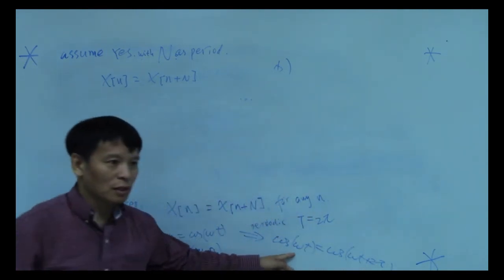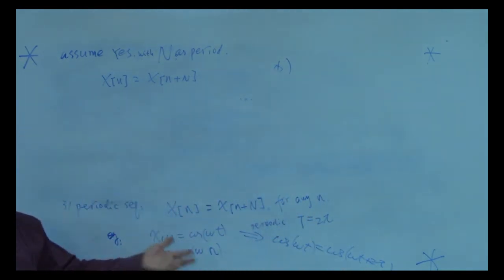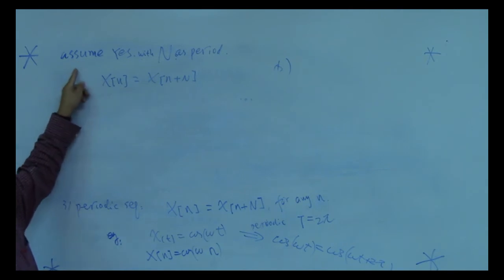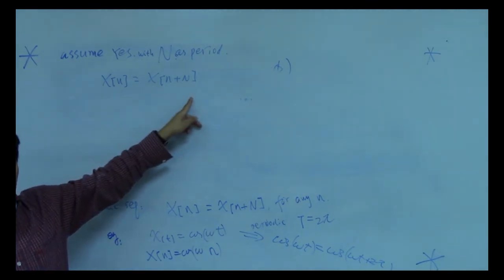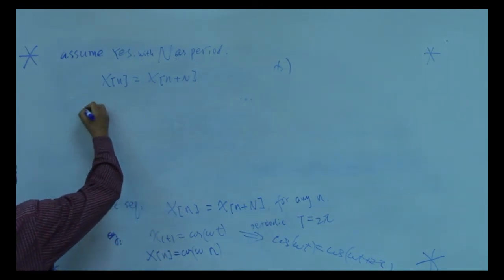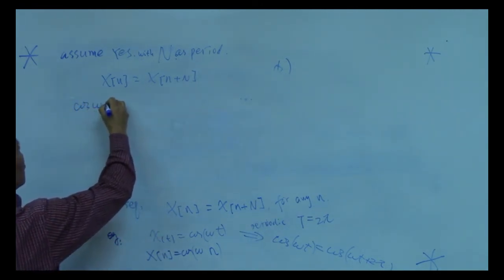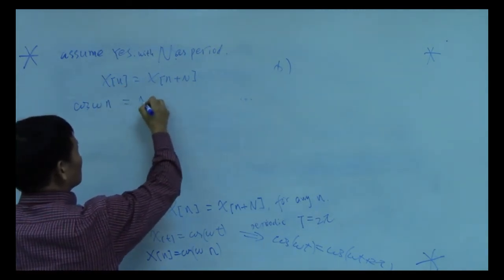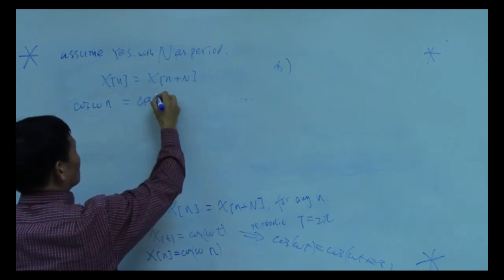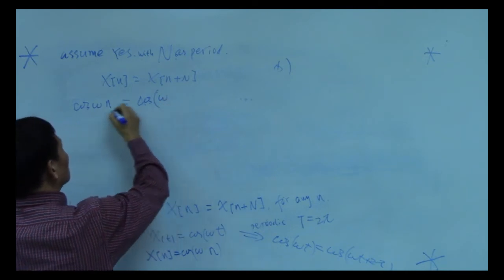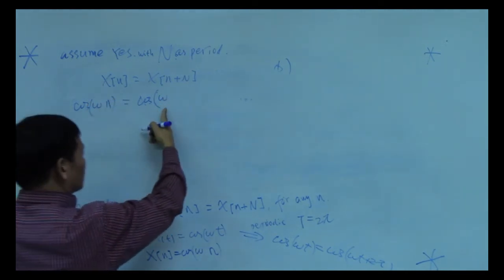That's why it's called a periodic signal. So here we assume this one is periodic, then this must be true. Alright, now let's see. This one equals cosine omega n, right? And this one will be equal to cosine omega what?